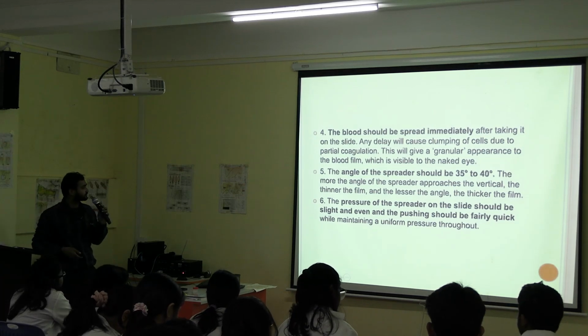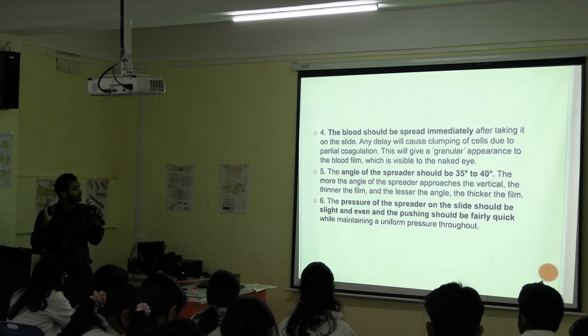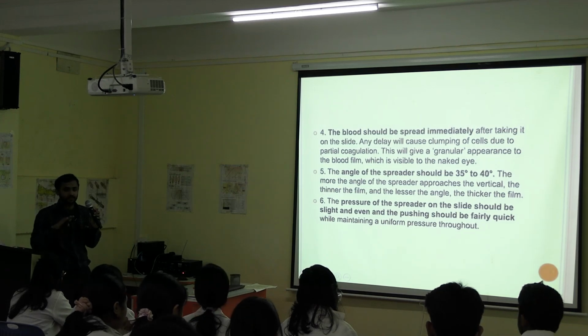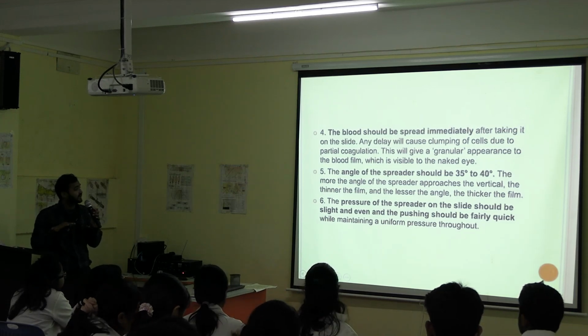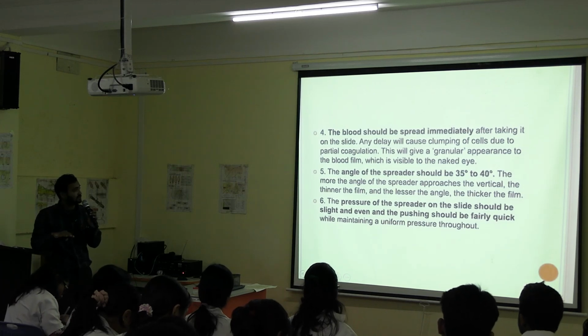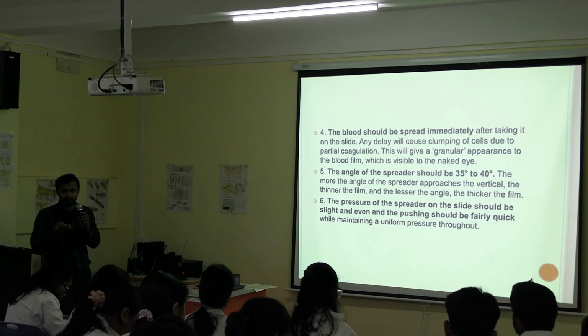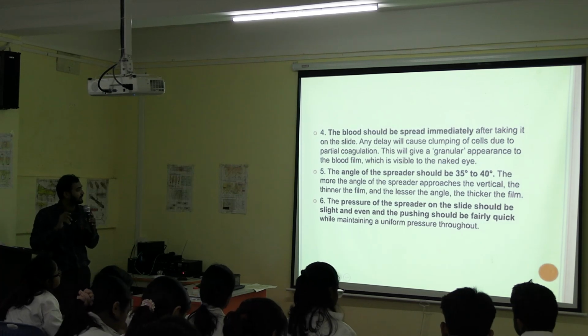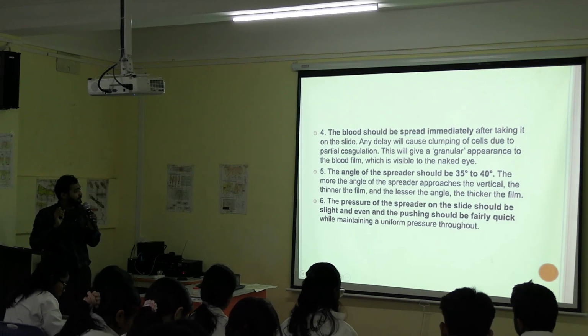The spreader: if the angle is less, it will give a thinner film, and if the angle is more, it will give a thicker film. So you have to keep this in mind. The other is the pressure.